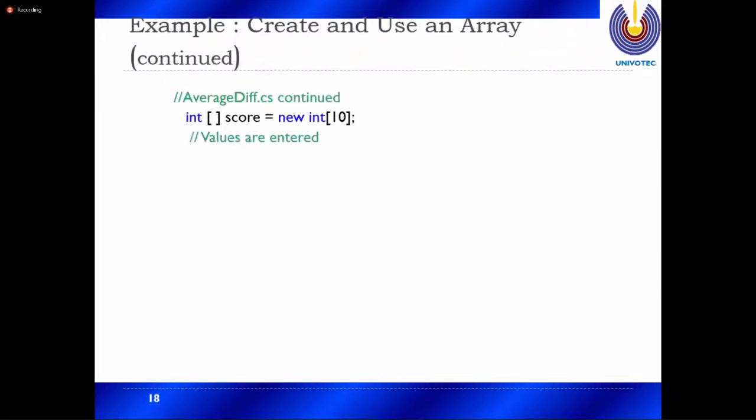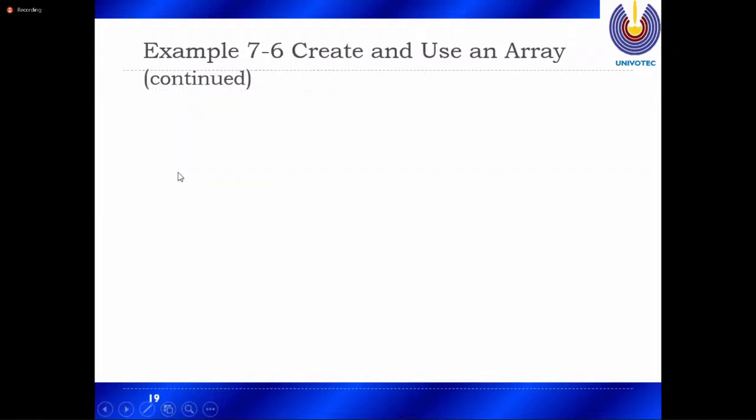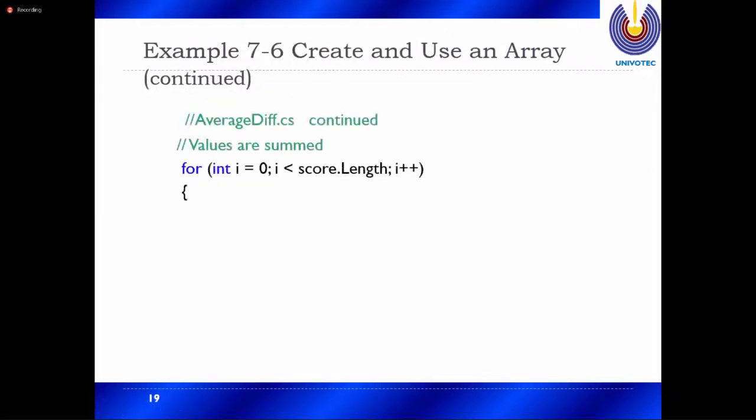Okay, int score = new int[10], then we pass 10 element values, from 0 to 9. After that we want to calculate the average. Then we use the for loop, total equals total plus score[i].